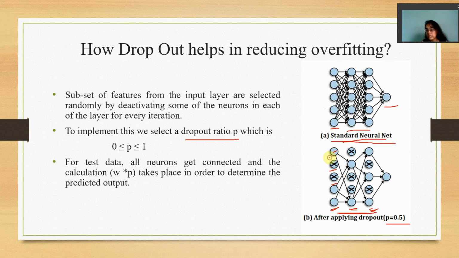You can see that the first neuron in the input layer is connected to the second neuron of hidden layer 1, since it is activated, but it is not connected to the first neuron of hidden layer 1, since it is deactivated. So in this way the neurons are connected to each of the other neurons which are activated.